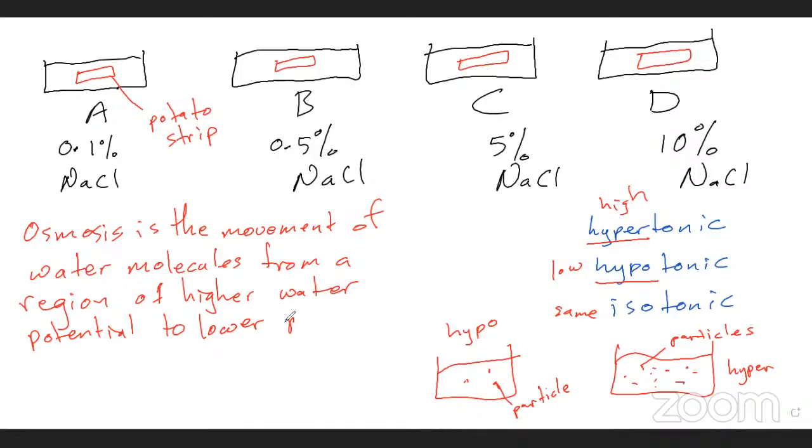Is that the end of the definition? No, sir. It's across a semi-permeable membrane. Right. From a region of higher water potential to lower water potential through a semi-permeable membrane.